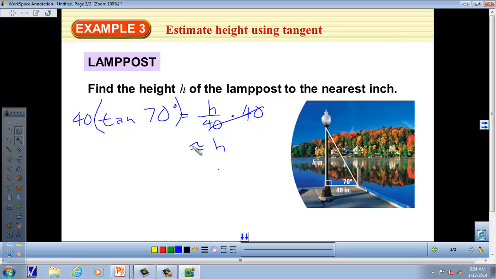Get out our calculator, and we say 40 times tangent 70 degrees. Let me try that one more time.